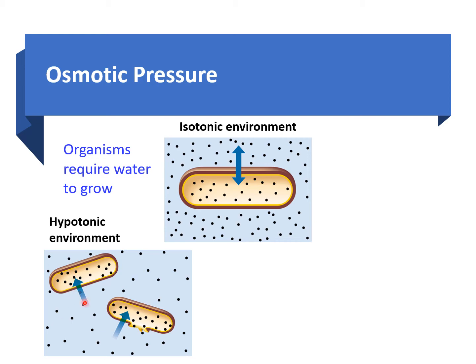Now, is the water going to go into and out of the cell at an equal rate? No, we said that's going to happen if it's in an isotonic environment. Right now, it's not in an isotonic environment. It's in a hypotonic environment where the amounts of solutes are very low on the outside compared to the bacteria cell.